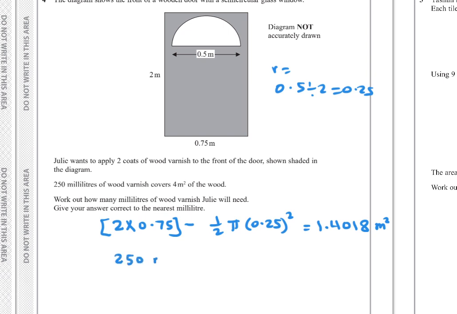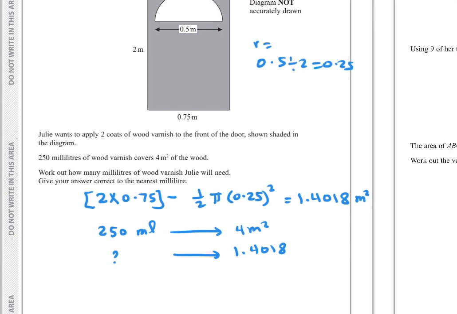Now to find the number of milliliters needed for 1 coat, you can use the cross multiply method. 250 milliliters is enough for 4 meters square. So how many milliliters is enough for 1.4018? Cross multiply. So 1.4018 times 250 divided by 4 equals 87.6125.